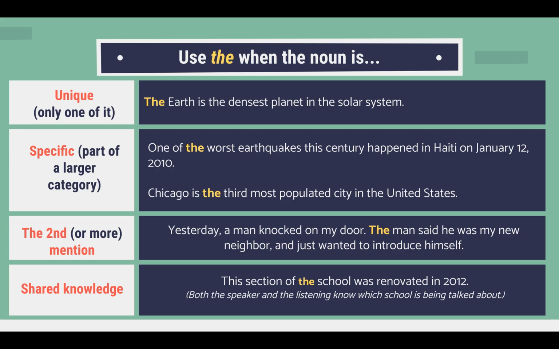So imagine I'm giving you a tour of the school and we are walking around the school and I'm pointing to a doorway and I'm saying this section of the school. In this case, we all know which school we're talking about. We're talking about the school that we are in, right? So both the speaker and the listener know which school is being talked about.